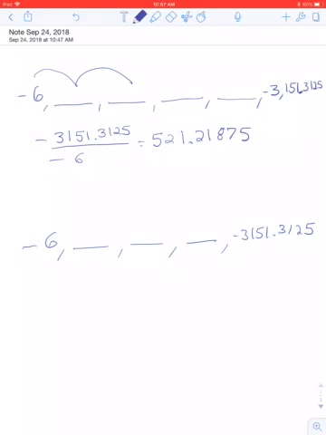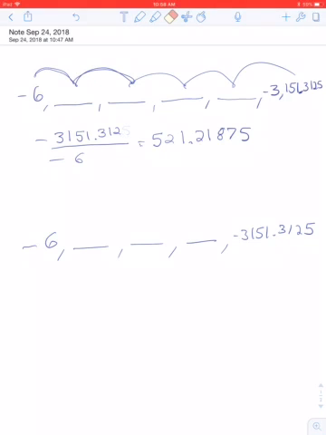So if there were just 2 jumps here, I would just take the square root of that number and I would have my multiplier. But it's not. There are more jumps than that. So let's count them. We have 1, 2, 3, 4, and then 5 to get us to our last number.